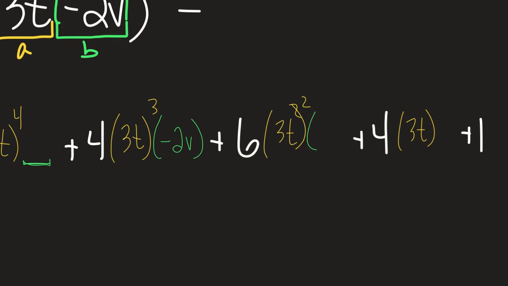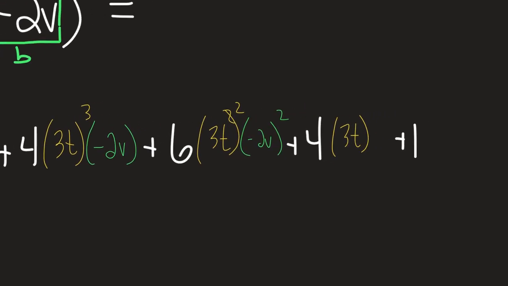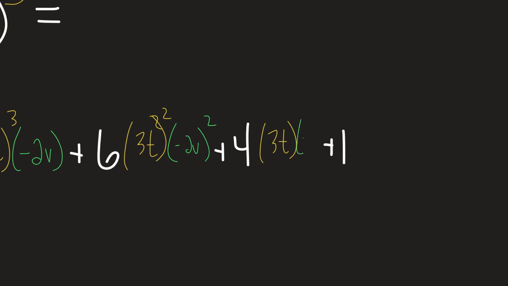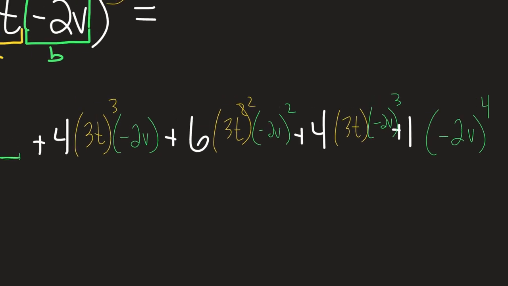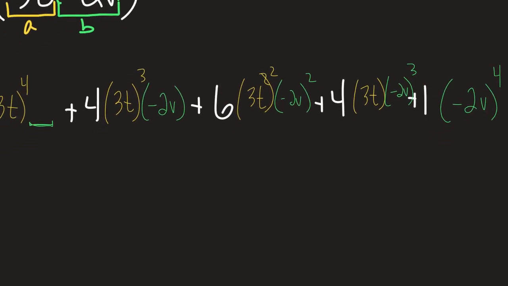And then we multiply by -2v squared. And then -2v to the third power. I should have given myself some more room in there. And then our last one is -2v to the fourth power. So we are multiplying by -2v to different powers. So let's do some simplifying.